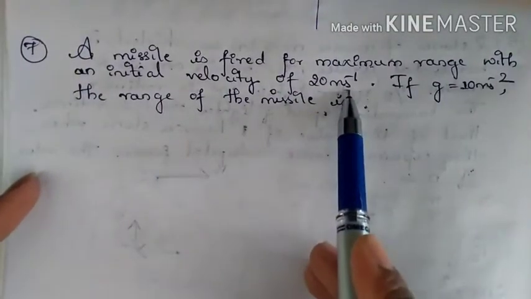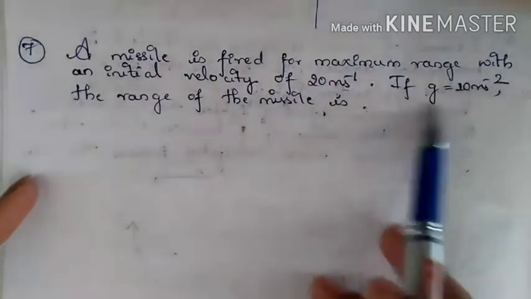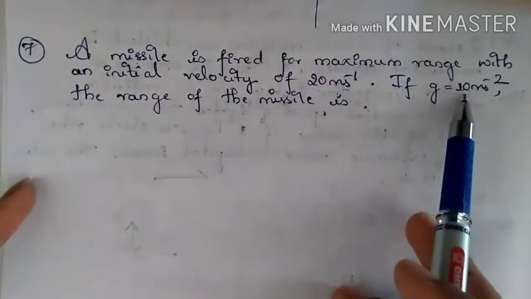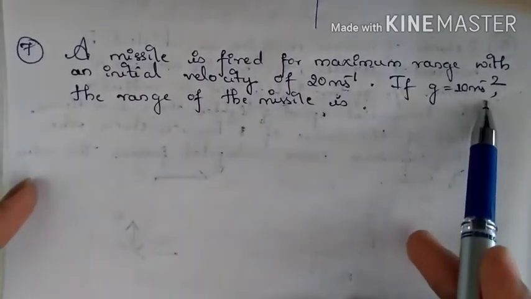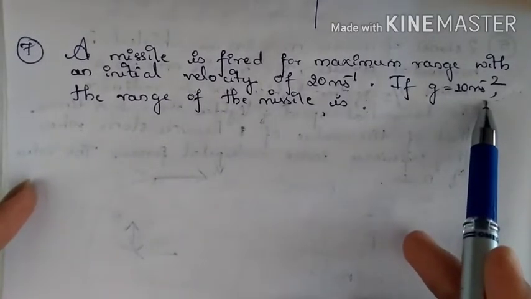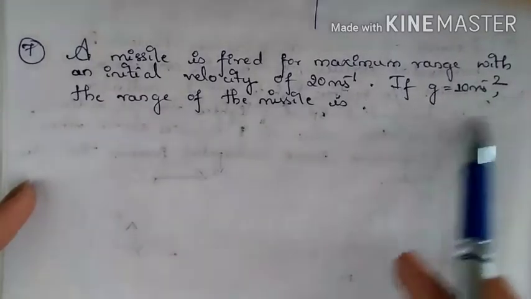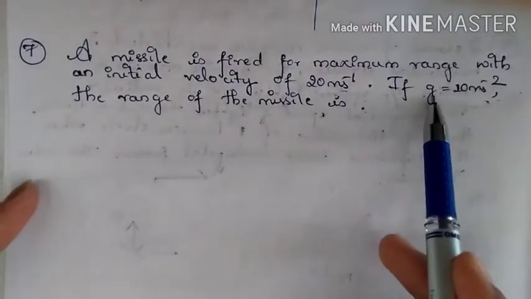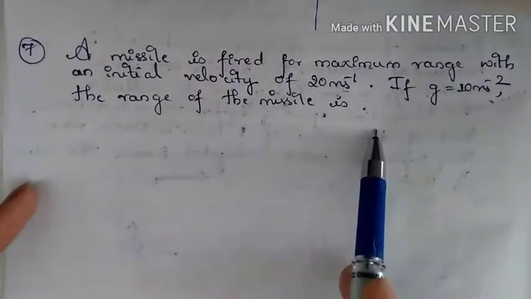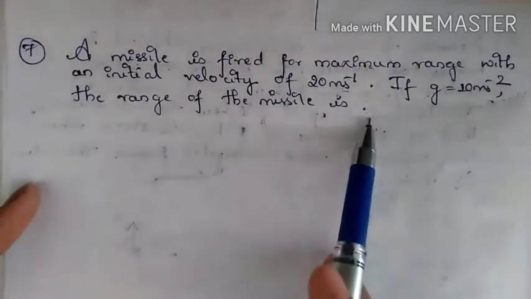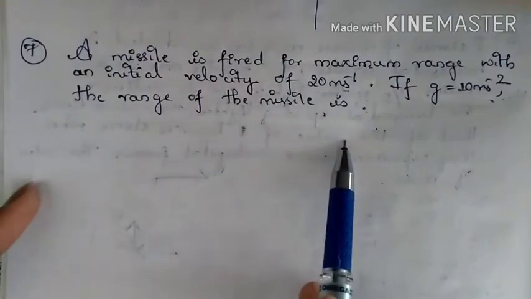Next, if g is equal to 10 meters per second square. So they have given g value as 10, though the g value is 9.8 meters per second square. So for approximation we take g is equal to 10 meters per second square. The range of missile is, they are asking.